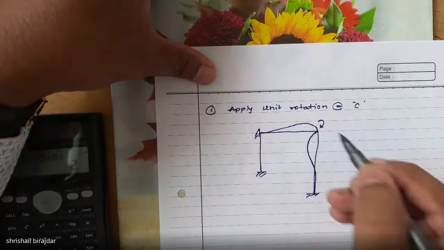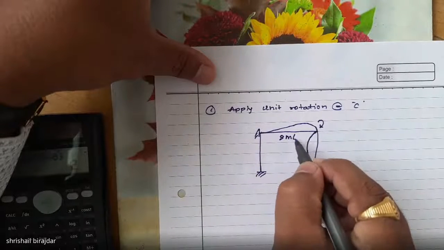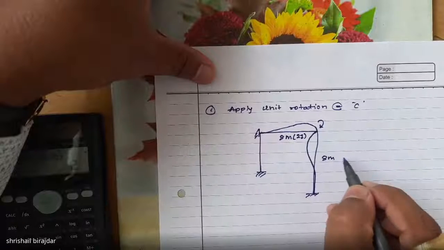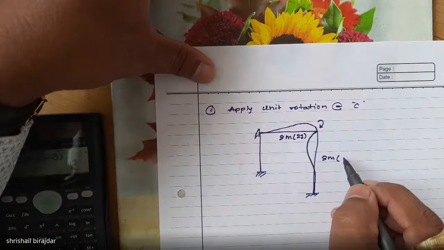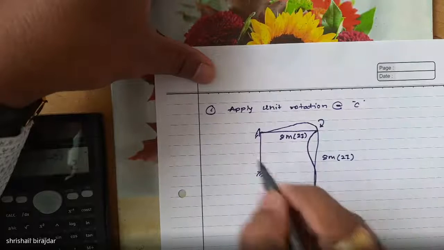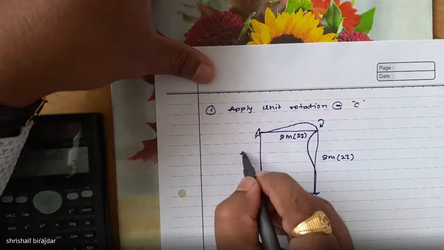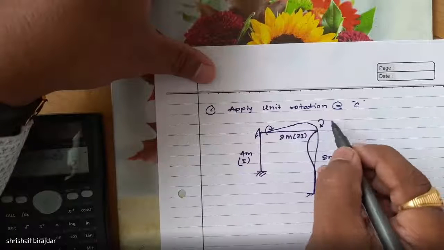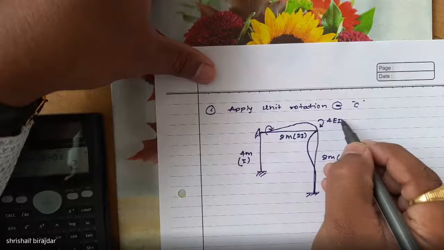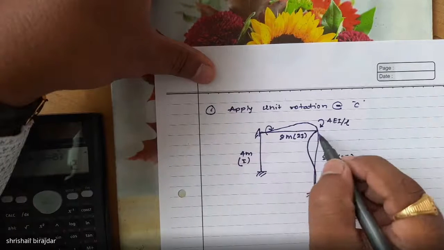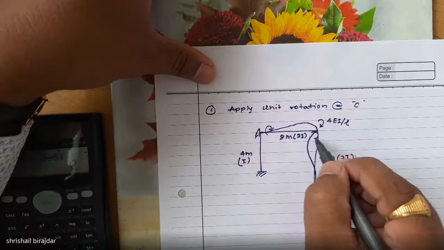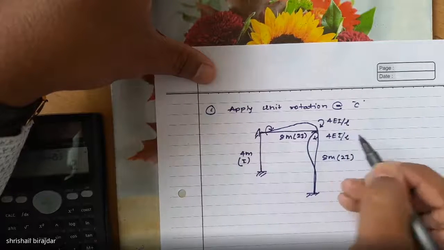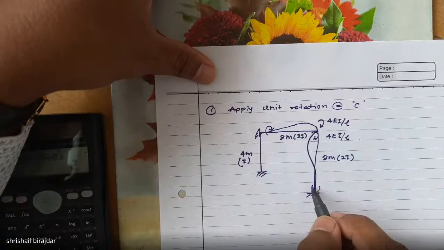You'll just write down the I values and the span as well as the height of the column. Here you will get 4EI by L, and here also you will get 4EI by L. Here 2EI by L.